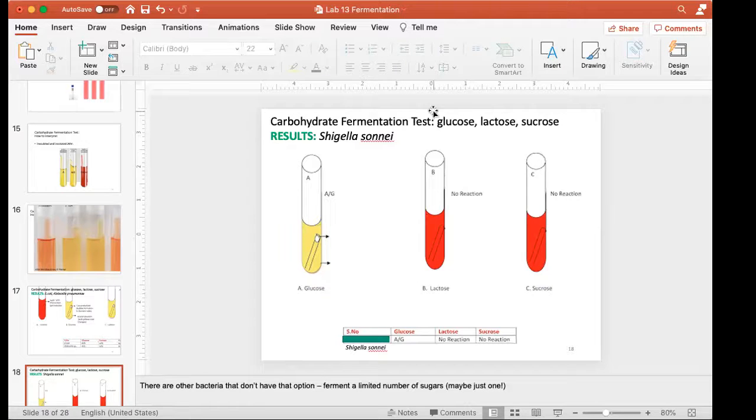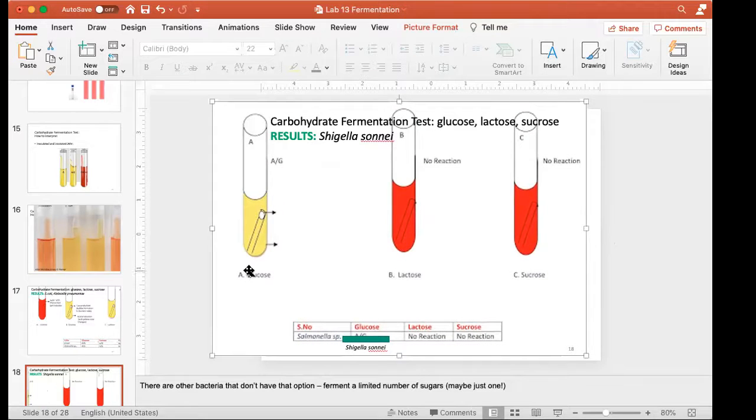So the organism was tested for glucose, it was tested for lactose and sucrose, just like the other two organisms. I inoculated the media. I put the tubes into the incubator. 24 hours later, these were the results. So here's the tube that has glucose in it.